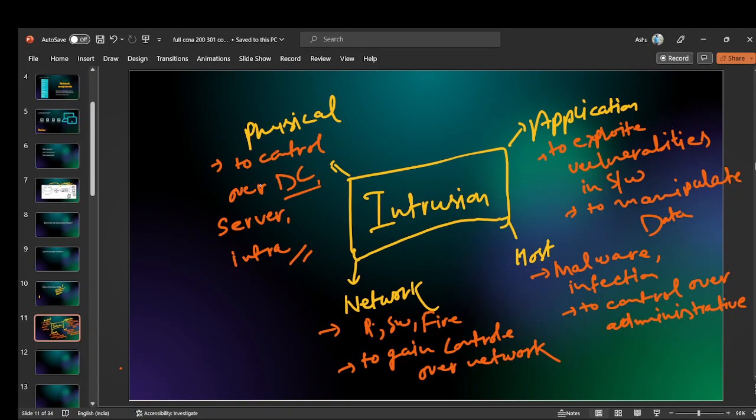Clear? That means we are able to understand the scenario of intrusion. Intrusions can lead to various consequences, including data breaches, unauthorized access or modification of system and network, control over hosts with the help of malware infection, exploiting software vulnerabilities, manipulating data, and control over the data center, server and infrastructure of the ecosystem. That is intrusion. After this we can lose our confidential information.